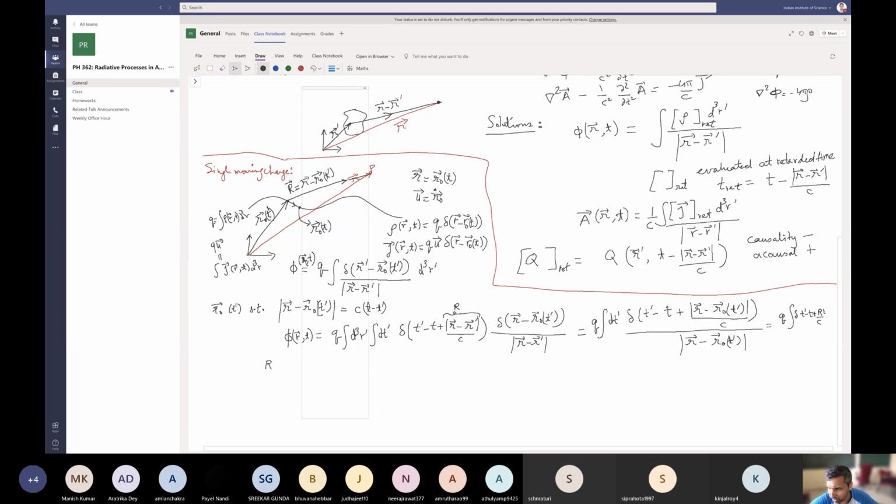This is R(t prime), which is dependent on the retarded time, d3 r prime, divided by R(t prime). Okay. Right, so R(t prime) is equal to c times t minus t prime. This is just the definition of this retarded time.